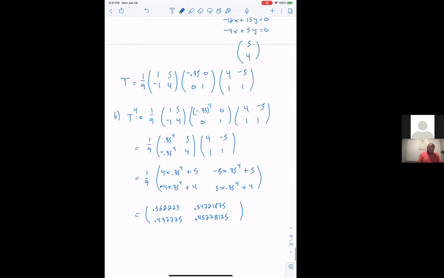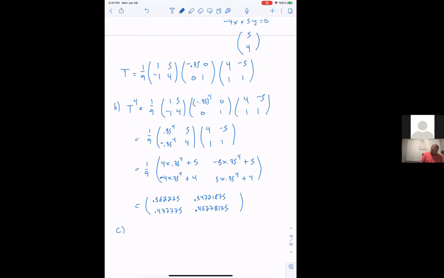All right, part C. Using the result from part B, determine the long-term behavior of T. So what is essentially T to the infinity? It's 1/9 times the matrix with negative 0.35 to the fourth, which keeps getting smaller, so that goes to 0.